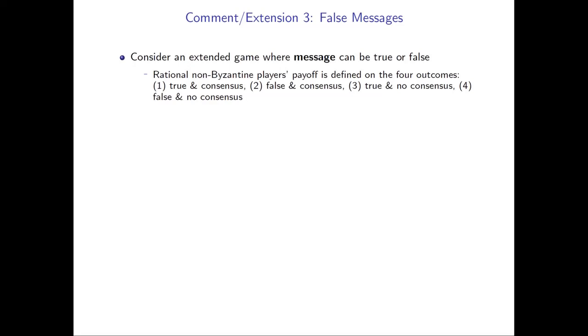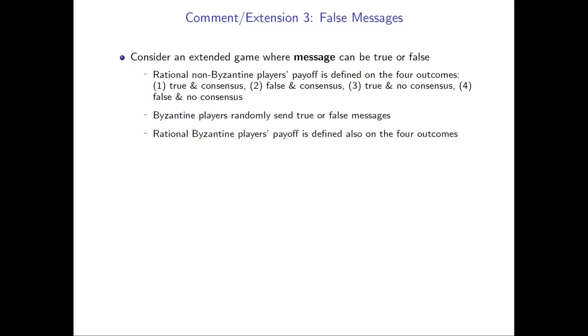So the rational non-Byzantine players and Byzantine players can decide whether to send a true message or a false message. And if a consensus is reached, whether the message is true, or whether the message is false. And if there's no consensus, what is the original message that the leader gets, the true message versus the false message? So we can think about different scenarios.